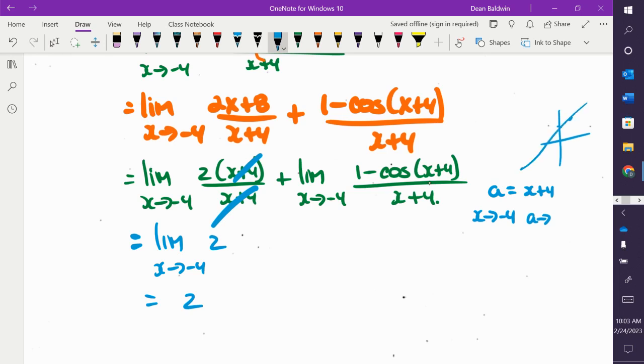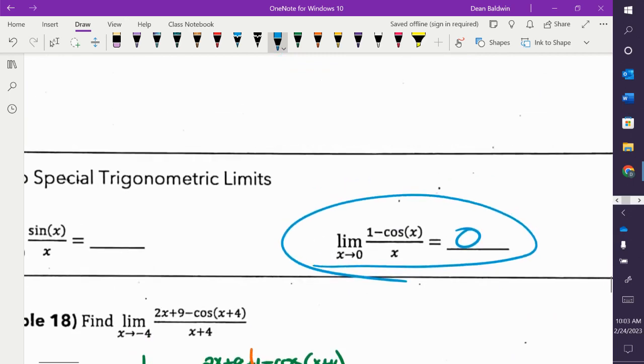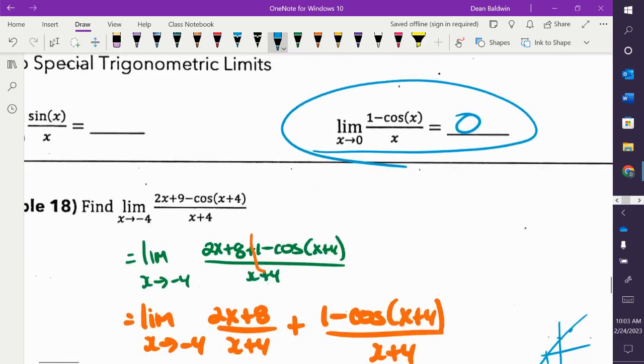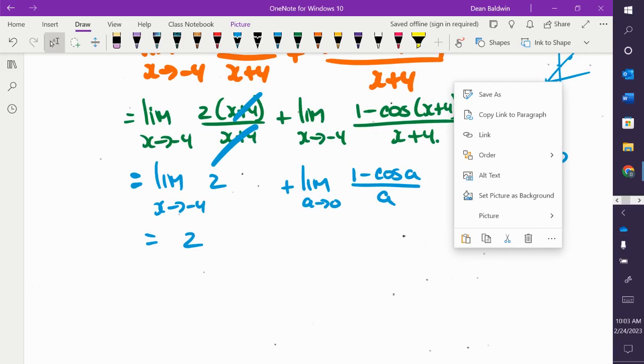So as x goes to -4, a goes to 0. Then you sub that back in, and we get the limit as a goes to 0 of 1 minus cos of a over a. That matches our definition up here. The variables are different, but that doesn't matter.